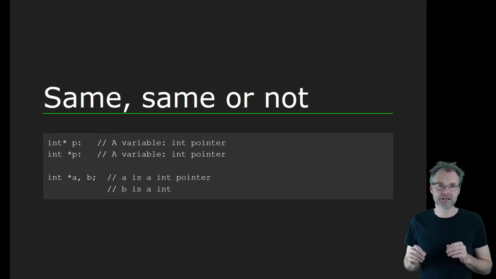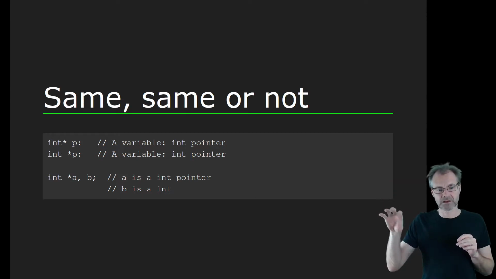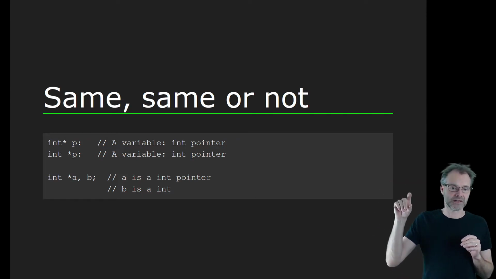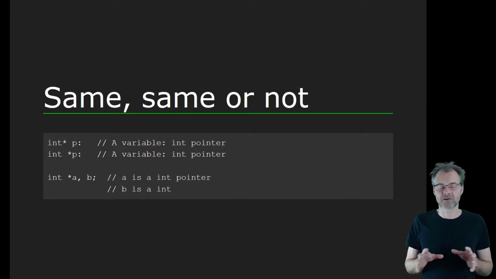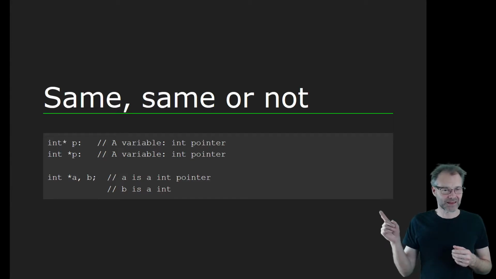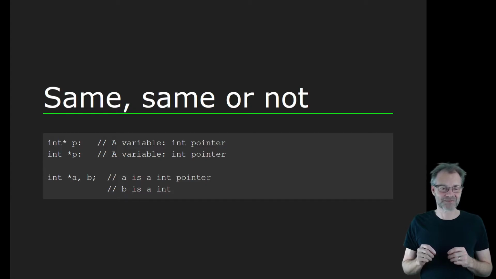You can also see code samples that are using int star and space p or int space star p. So the two above are equal, and it's really a matter of taste which one you would like to use. But look up the last example there.